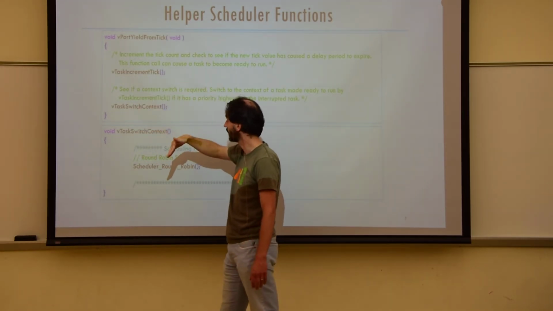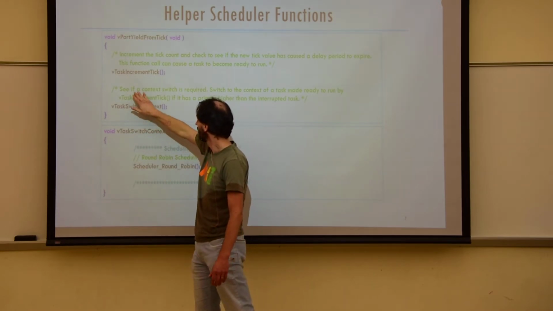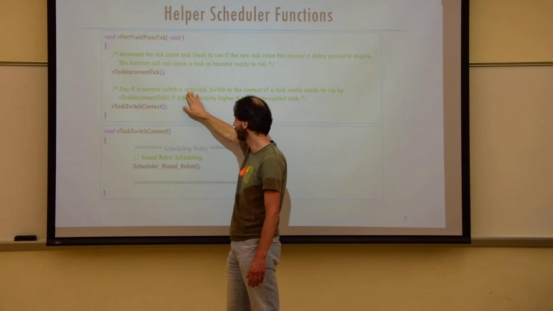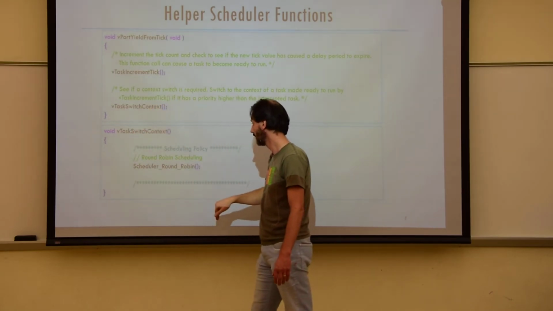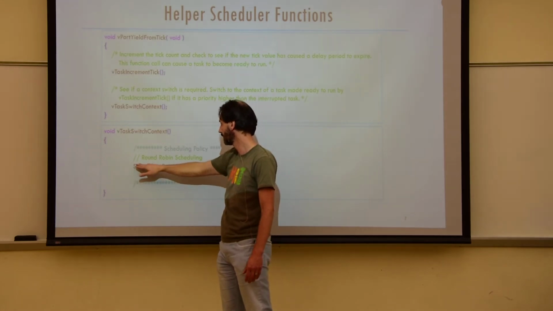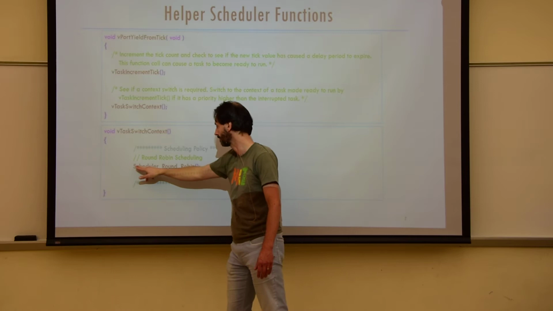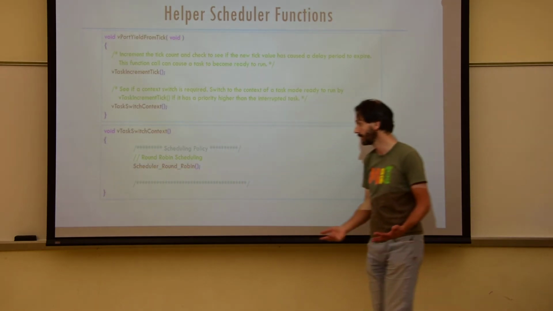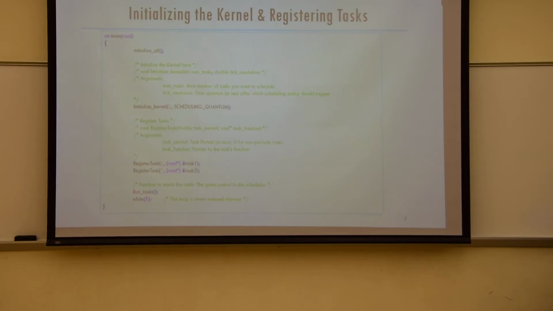That was the previous procedure that we talked about actually, and then figure out whether a context switch is required and do so. So how do you implement this? Well, for example, you want to implement round robin scheduling, so you call this particular scheduling policy. But you can replace this with your own scheduling policy. That's effectively what you can do.